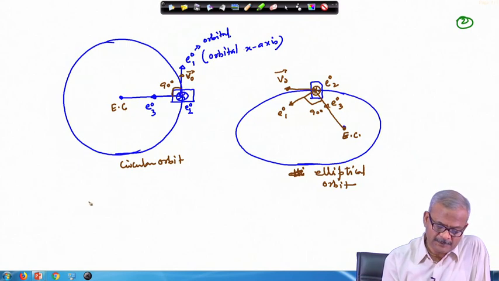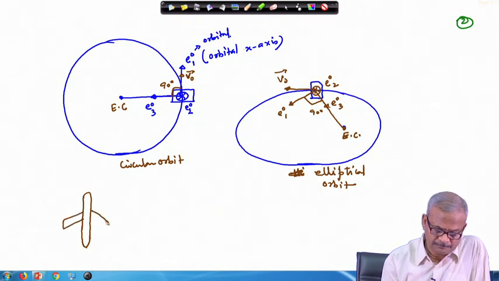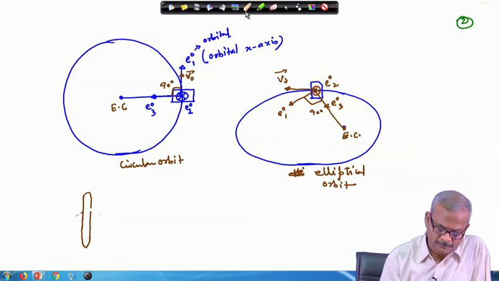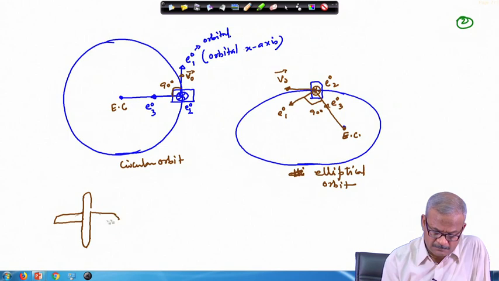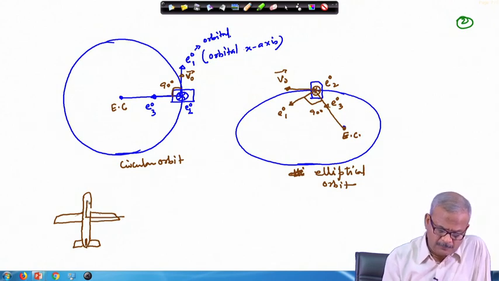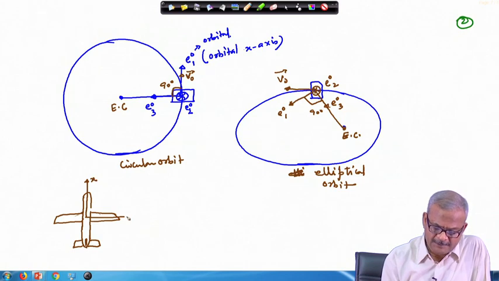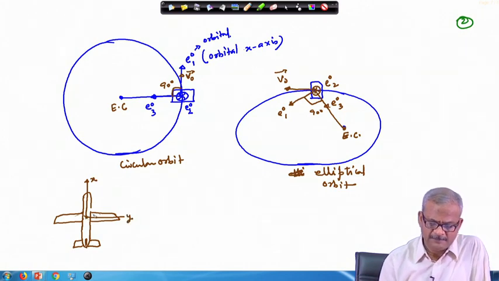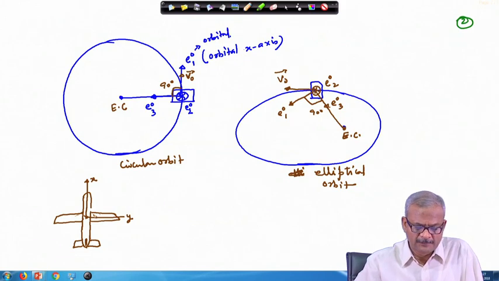This notation arises from the aircraft. In the case of the aircraft, the x axis is taken along this direction, y axis like this, and z axis vertically downward toward the belly of the aircraft.